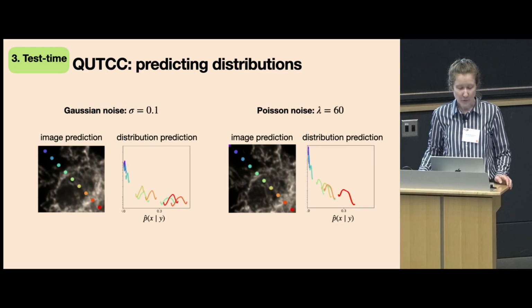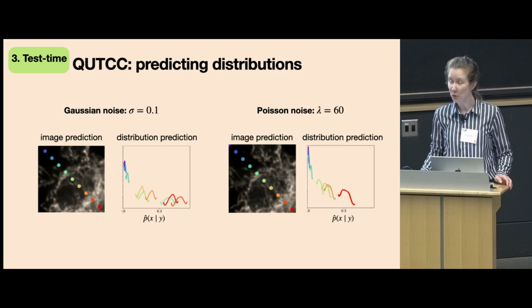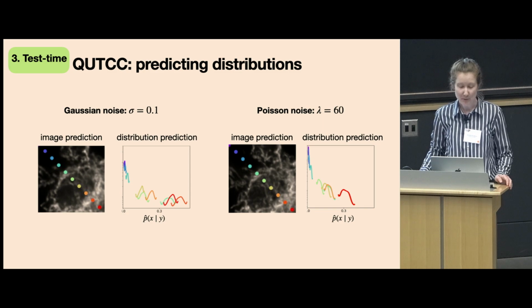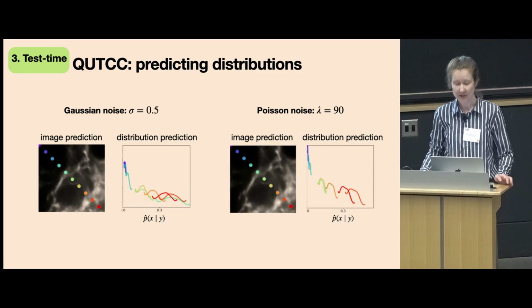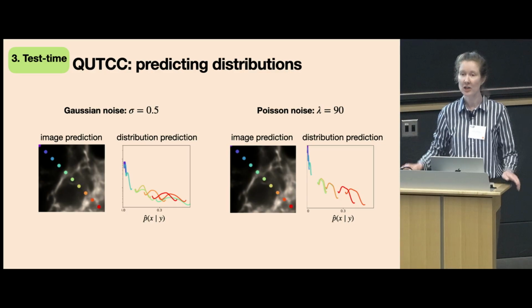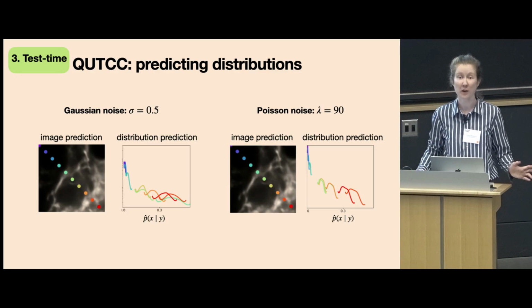We've tried this for Gaussian and Poisson denoising, and given noisy measurements, we can plot the pixel-wise predicted distributions at different points in the scene. And as we increase the amount of noise, these predictions become wider, showing that there's more uncertainty and more variance in the measurements.